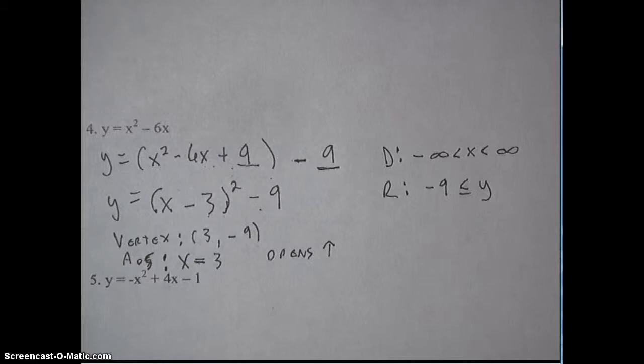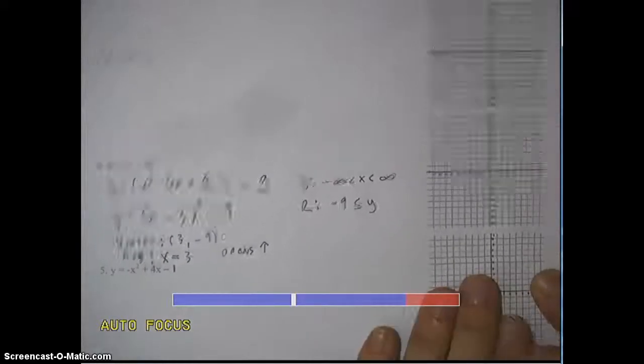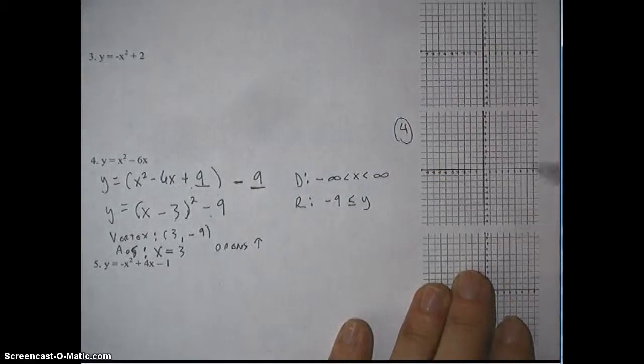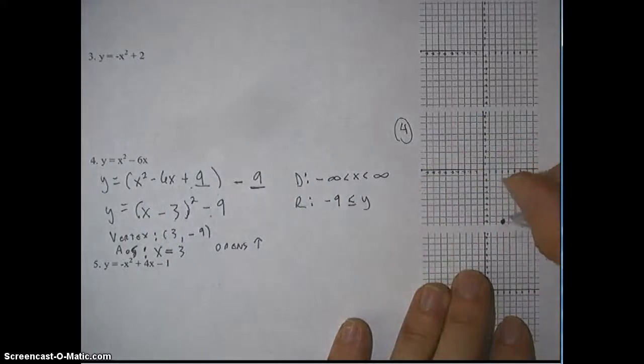Now I'm supposed to graph that as well. So in this graph over here, number 4, I'm going to go ahead and plot the vertex, which is 3, negative 9. And I know it goes up. Since it's a quadratic and there's no number in front here, it means I go up 1 over 1.